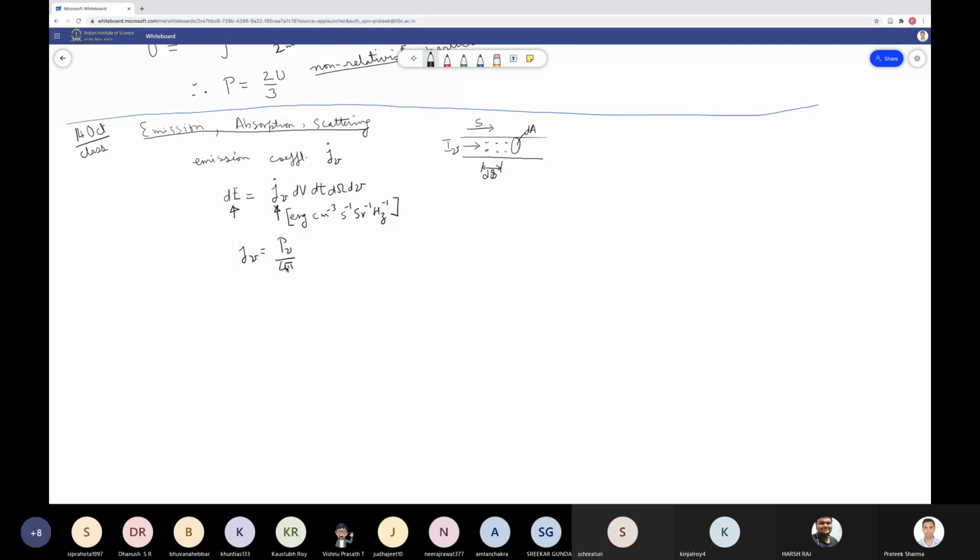Basically, P nu is the power emitted along all solid angles, so per solid angle, it's just P nu by 4 pi. This is power emitted in all directions.